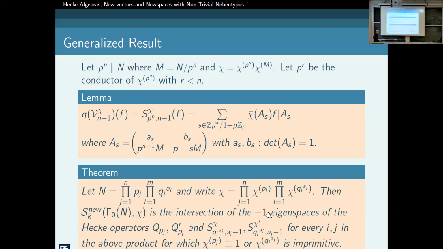So if you take the intersection of the -1 eigenspaces of these operators, the twisted operators that I introduced before, and this new operator here, and its conjugates with WP inverse WP being the Atkin-Lehner involution, then you get that this, in fact, is exactly the space of newforms as we wanted.